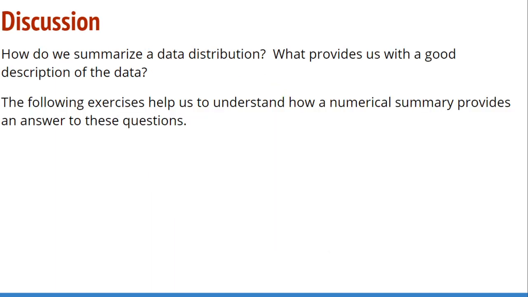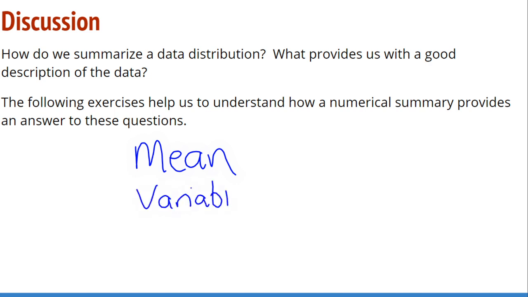So how do we summarize a data distribution? What provides us with a good description of the data? Well, so far when we've summarized the data distribution, we've looked at the mean, and we have looked at the variability. How spread out is the data? In this lesson, we are going to look at the median as a measure of center.